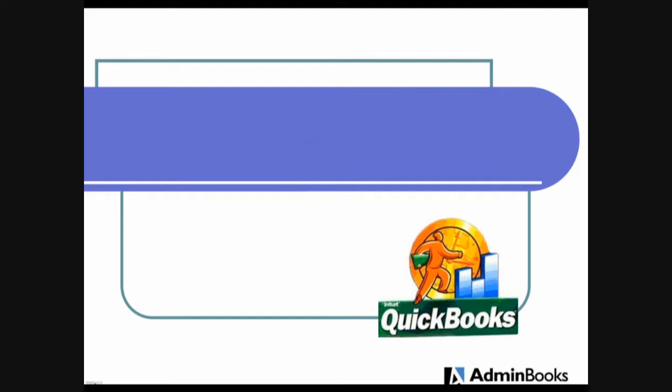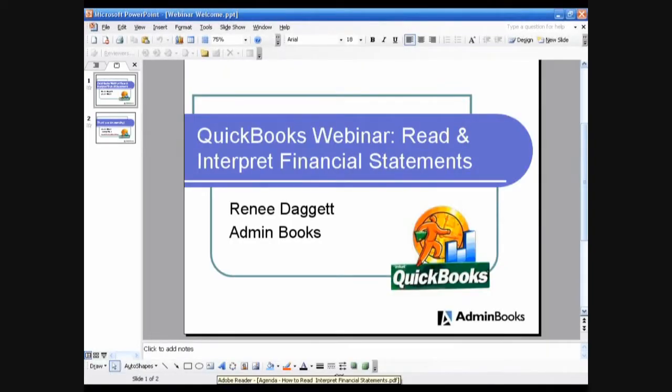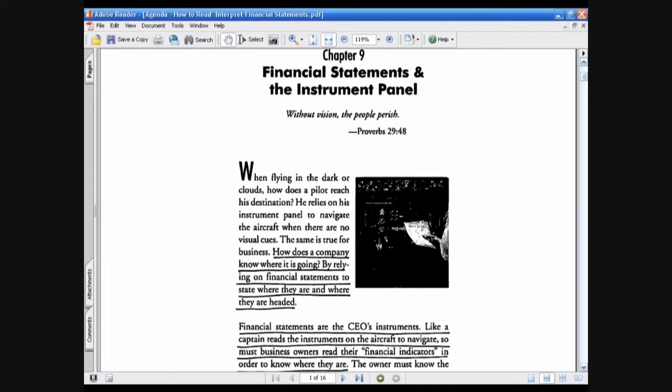Let me get my PowerPoint here. Everybody should have gotten a handout. The handout is quite lengthy today. We're basically going to stay out of QuickBooks. I was trying to figure out how I want to communicate what I want to say, and the best way that I know how is reading part of the book that I wrote last year.